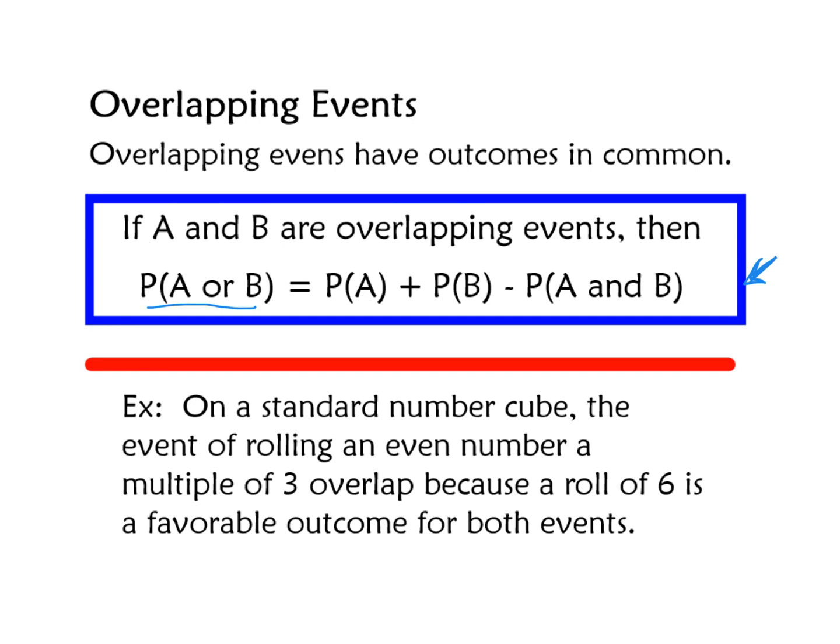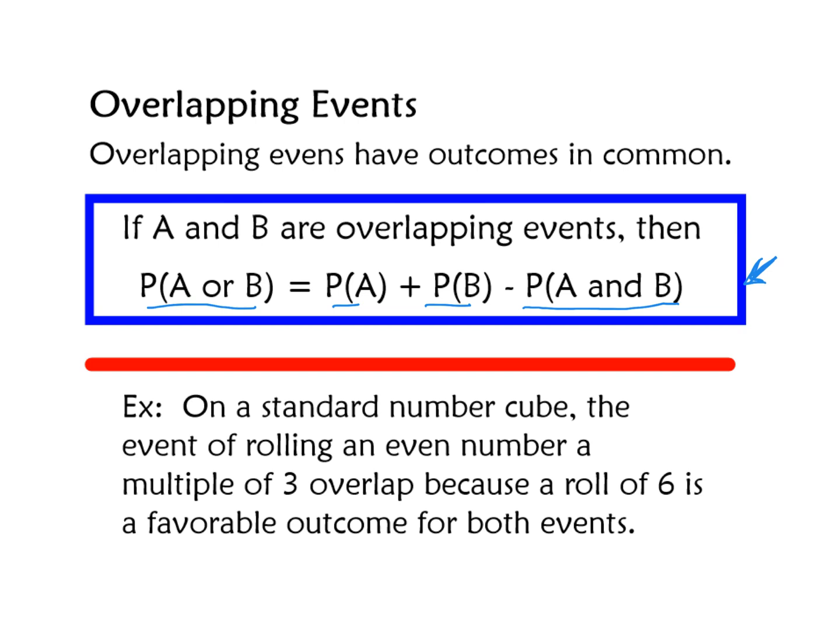So take the probability of A, add the probability of B, but we need to take the probability of A and B away from that. That's where it's counted twice. It'd be kind of like counting the number of juniors in our class and the number of girls. There's potential that I would have junior girls and I counted them in 2 different groups, but I counted them twice when there's really only one person.